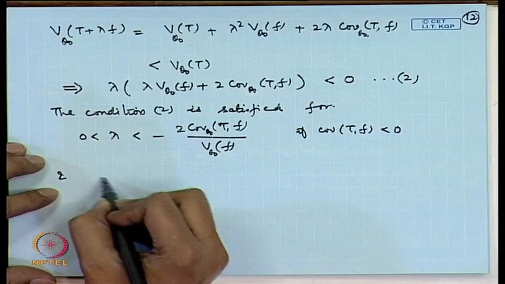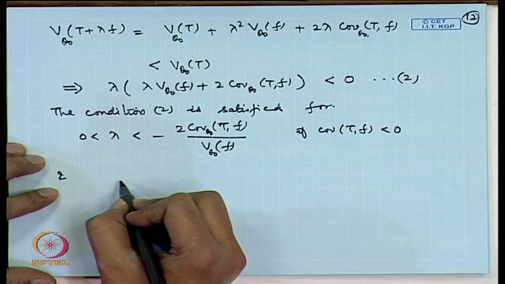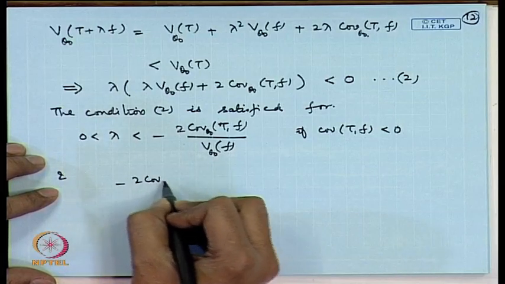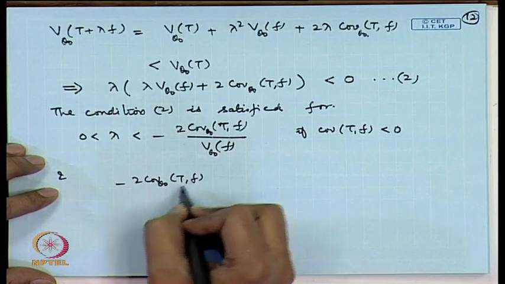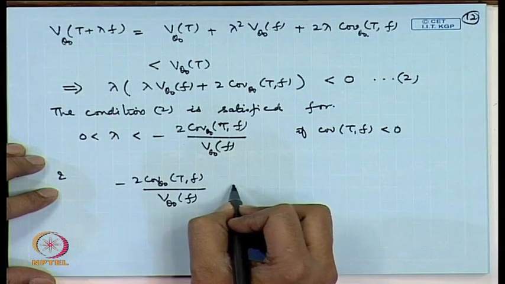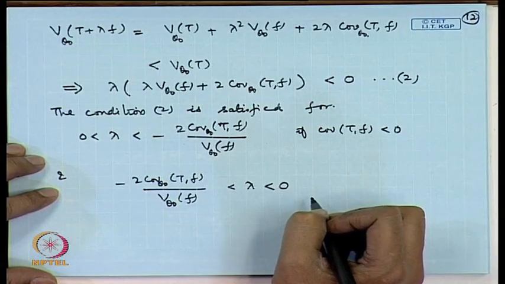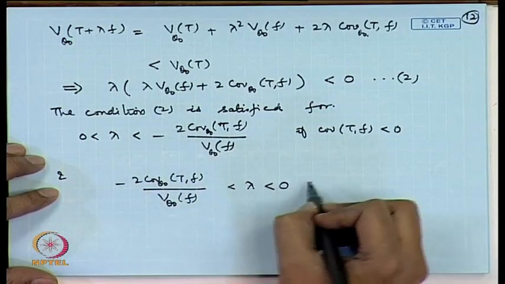And for minus twice covariance at theta naught of T and f by variance at theta naught of f less than lambda less than 0, if this is positive.